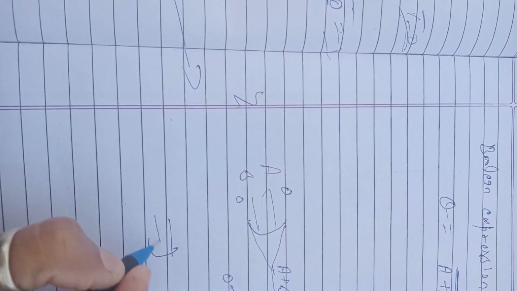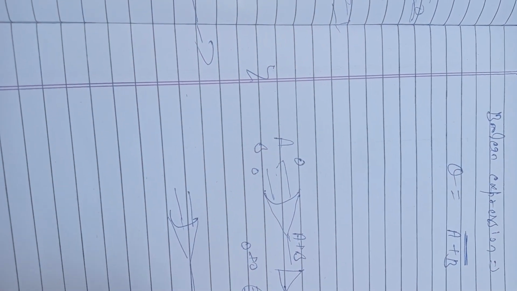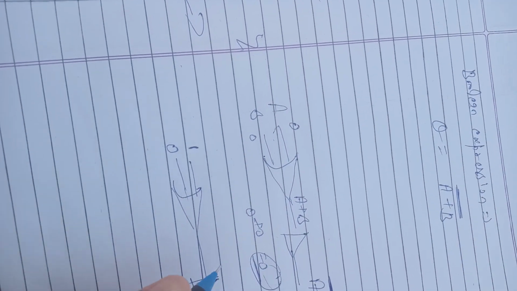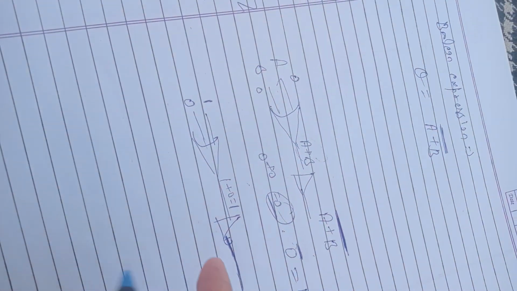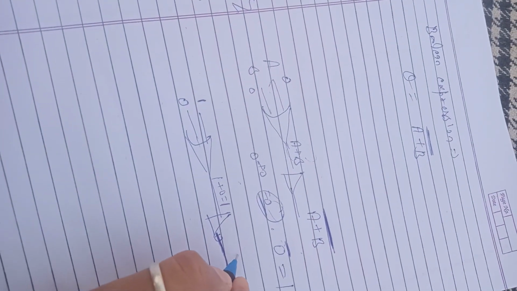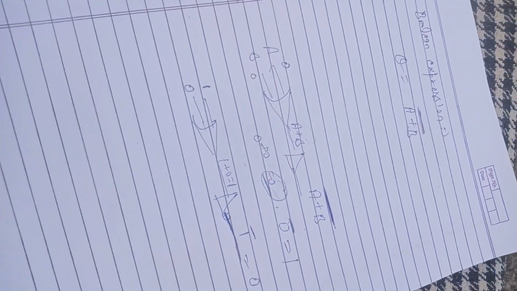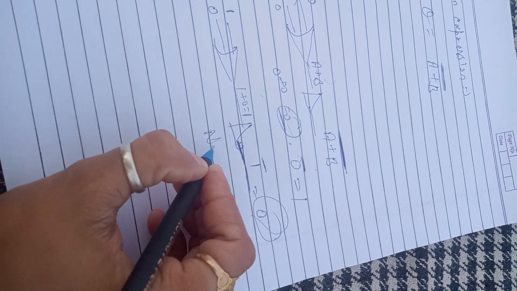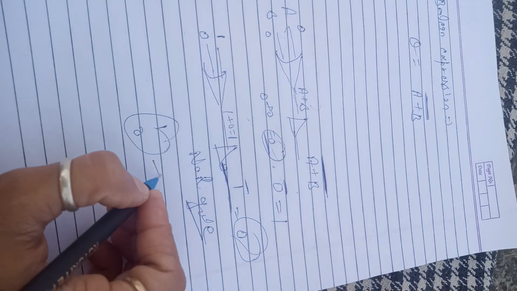Now in the next case, when we apply 1 and 0, A plus B is 1 plus 0 is equal to 1, and the NOT gate gives the reverse of the input. The reverse of 1 is 0, so the result of the NOR gate is 0.